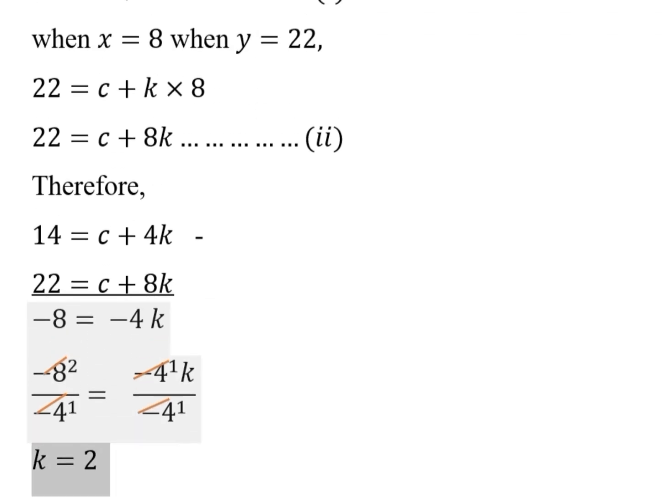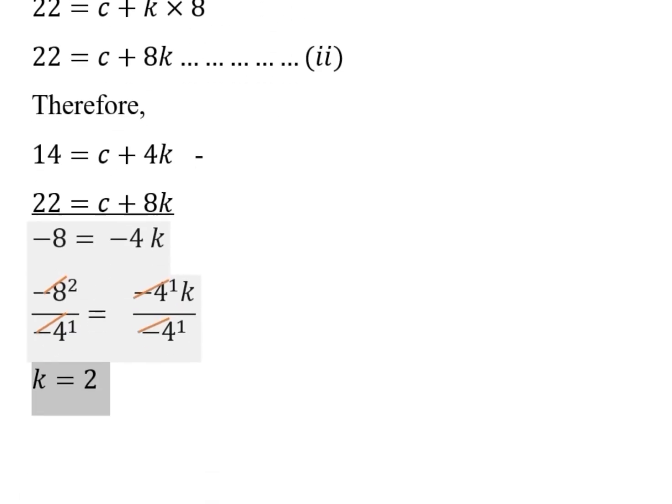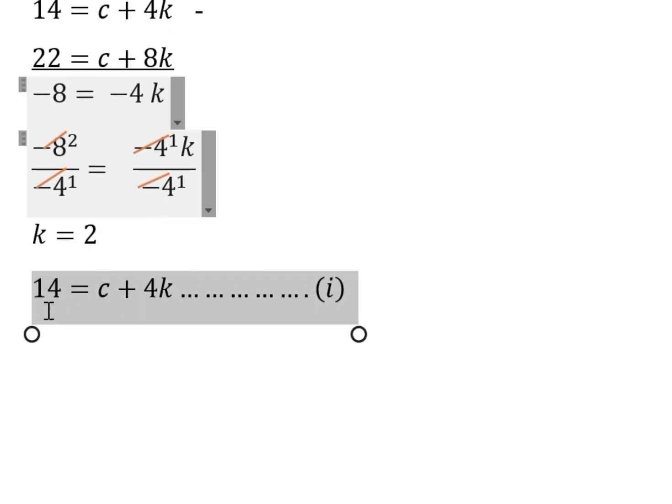So we have found the value of k, but we have not found the value of c. For us to get the value of c, take either the first simultaneous equation or the second one. Where you see k, substitute it with the 2, it will help you get c. So we take the first simultaneous equation. We shall have 14 is equal to c plus 4 into 2, because we have found the value of k to be equal to 2.